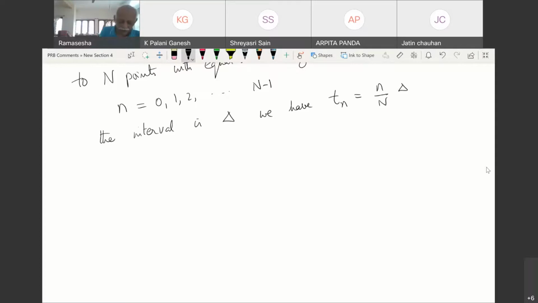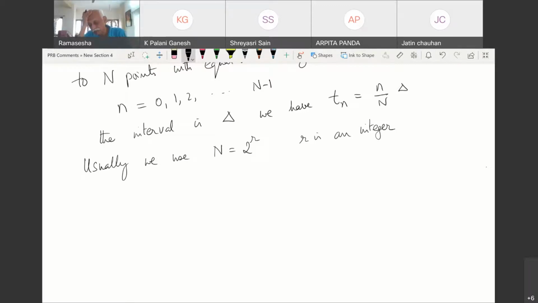Now usually there is a very good reason to use N equal to a power of 2, because there is a technique called the fast Fourier transform technique, which was made popular by Cooley and Tukey, but it was actually used first by Gauss in 1805 or something like that.